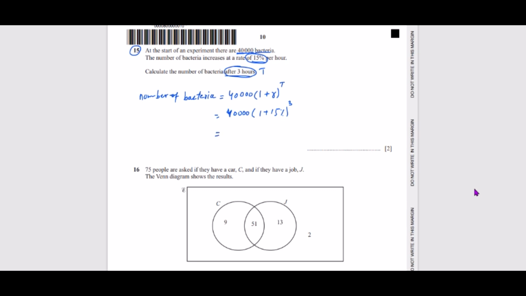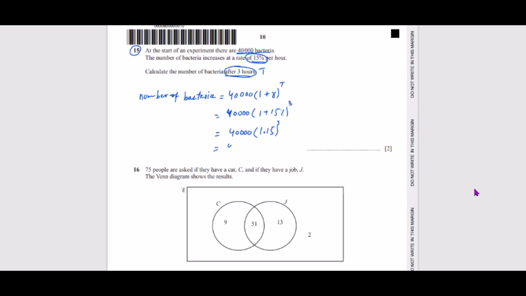So 40,000, 1 plus 15%, that is equal to 1.15, and the power is already 3.